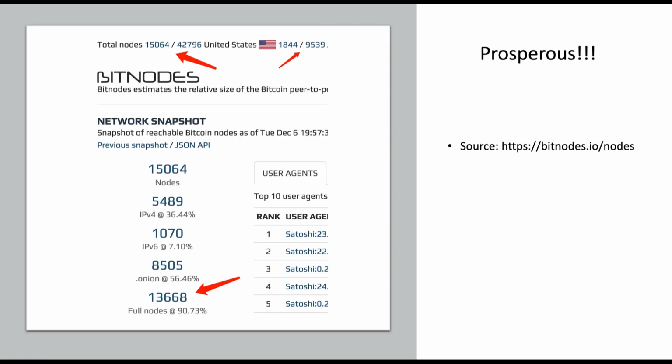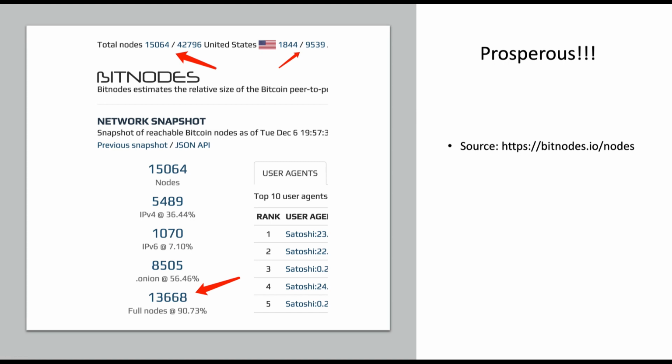And so, more nodes, more secure. We can check the most famous application of blockchain, which is Bitcoin. Here we can find the Bitcoin blockchain. This is real-time info, and right now it has 15,000 nodes online.